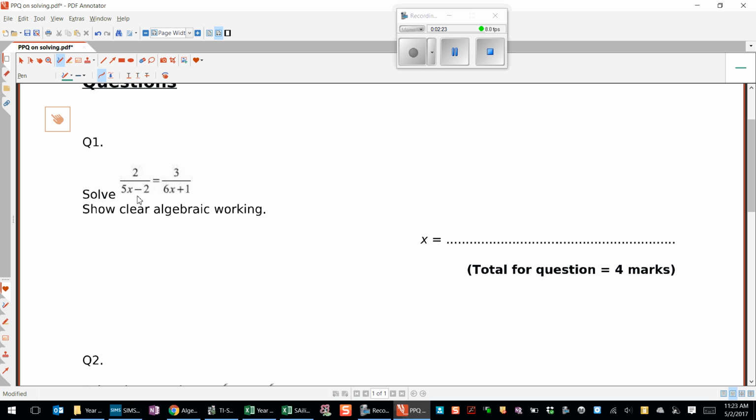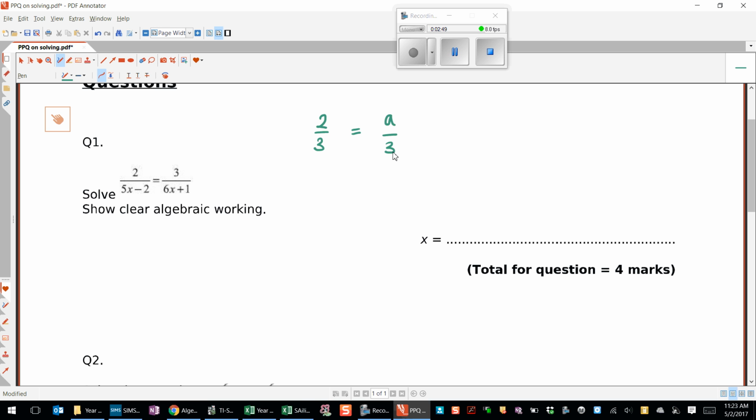Now the thing about fractions, let me give you something to think about. If I said 2 over 3 is equal to A over 3, what can you tell me straight away? A equals 2. Why is that? Because the denominator is the same, right?